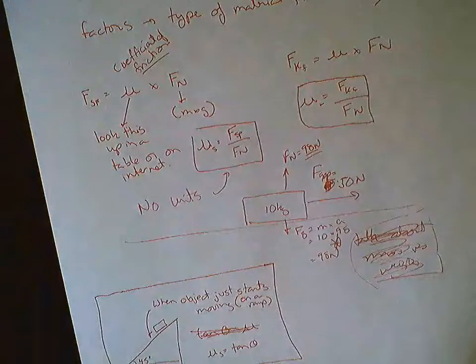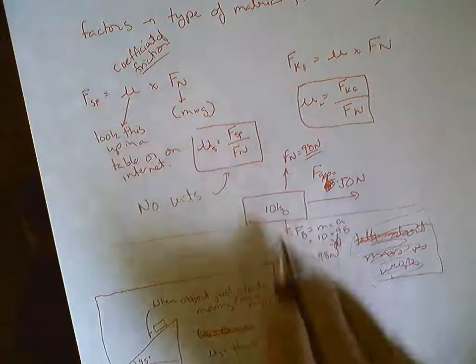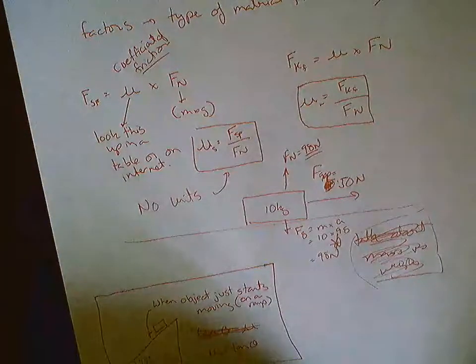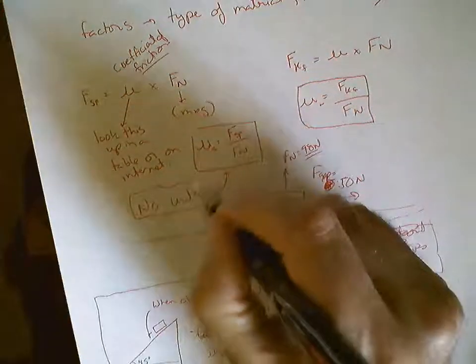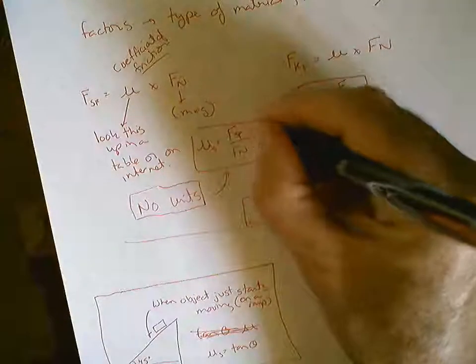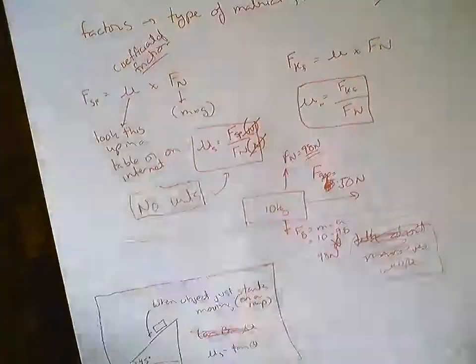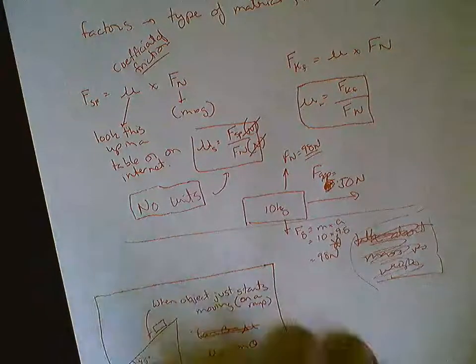In this case, they would have to give you the force of static friction in the problem, and you could calculate the normal force. When you divide those, you get the coefficient of friction. Oh yeah, there are no units for the coefficient of friction, because you have newtons over newtons for force, they cancel each other out.